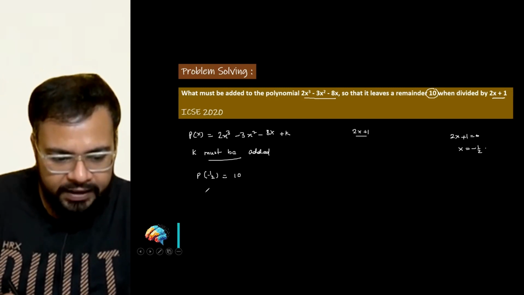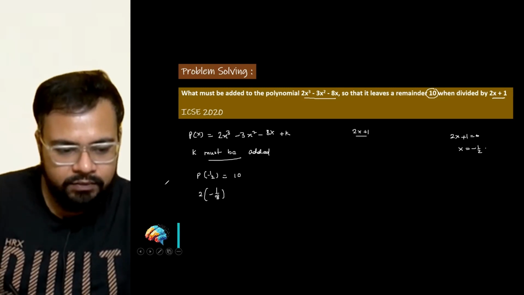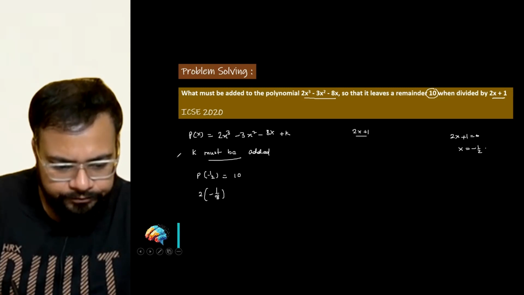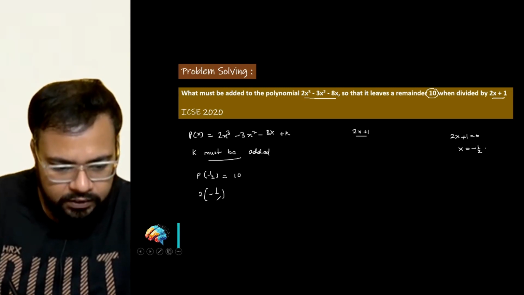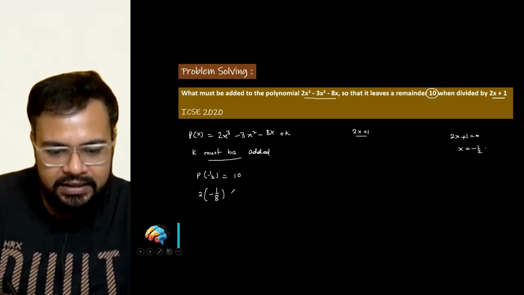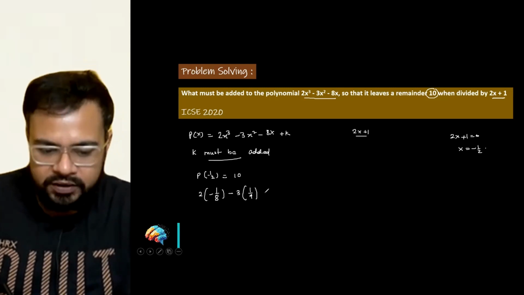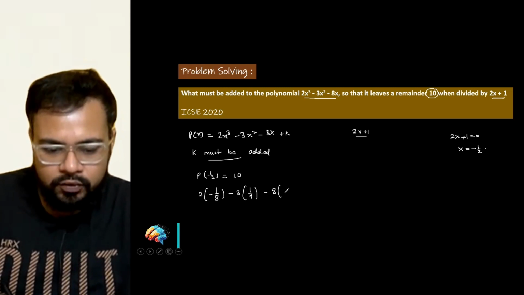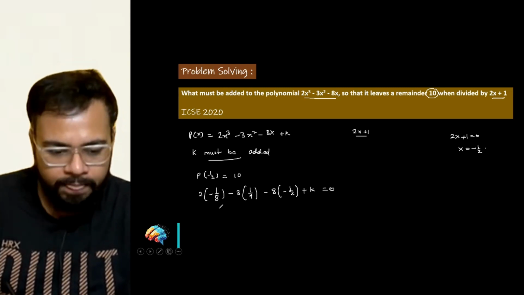So what is p of minus half coming? Let's check. 2 into minus 1 by 8. I'm doing it directly. Minus 1 by 2 cube is minus 1 by 8. Minus 1 by 8 minus 3 into 1 by 4, because a negative number squared is positive, minus 8 into minus 1 by 2 plus k equal to 0.